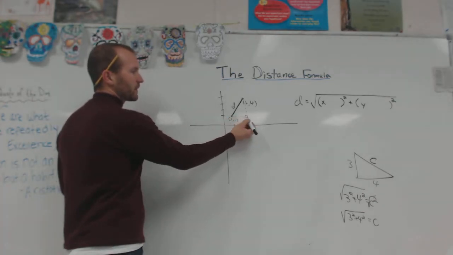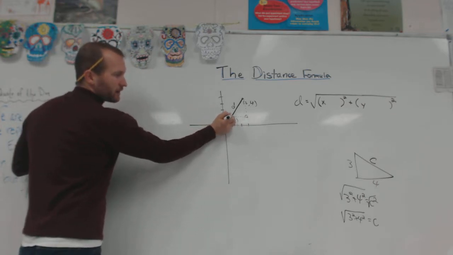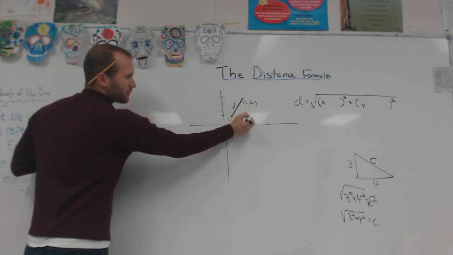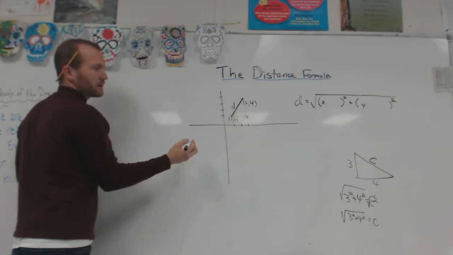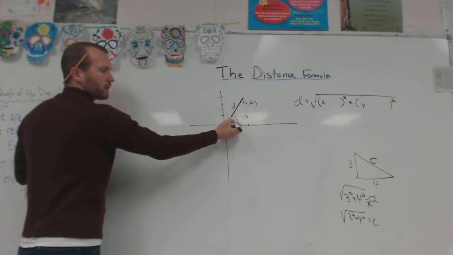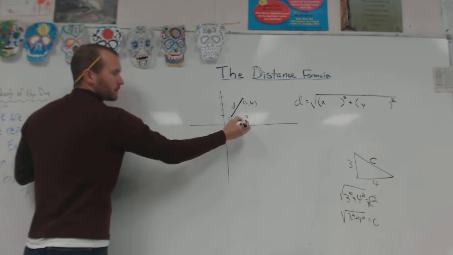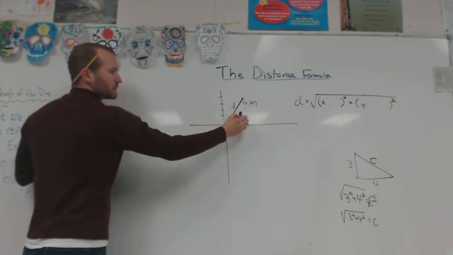What is the length from here to here? 3. So we start at 1, right? And we go to 3. So the length of this segment would be just 2, right? We go 1, 2. So this side is 2.